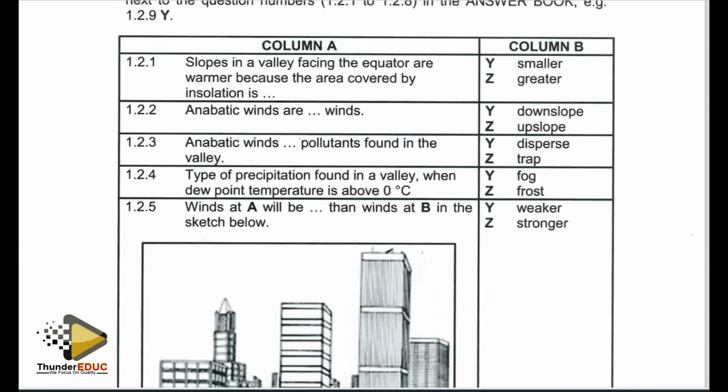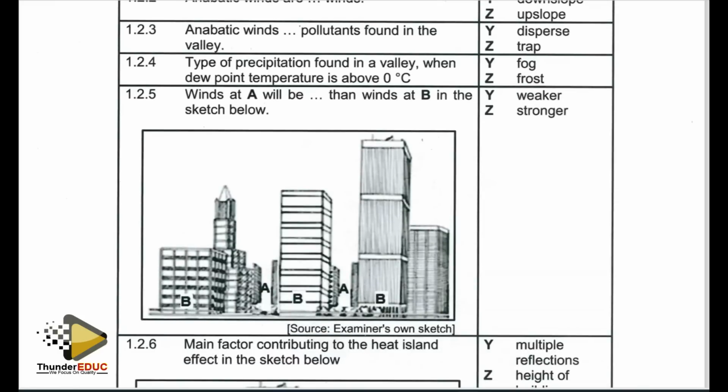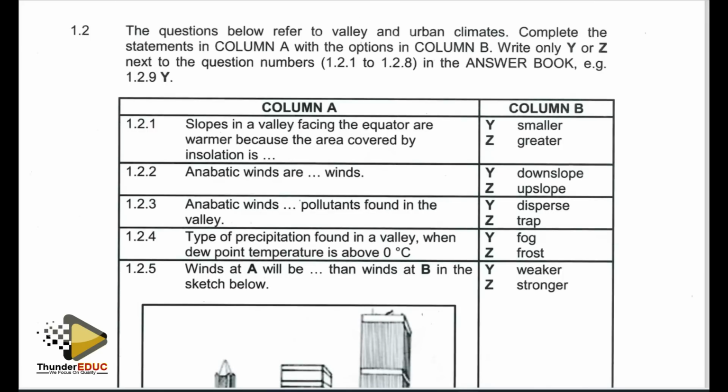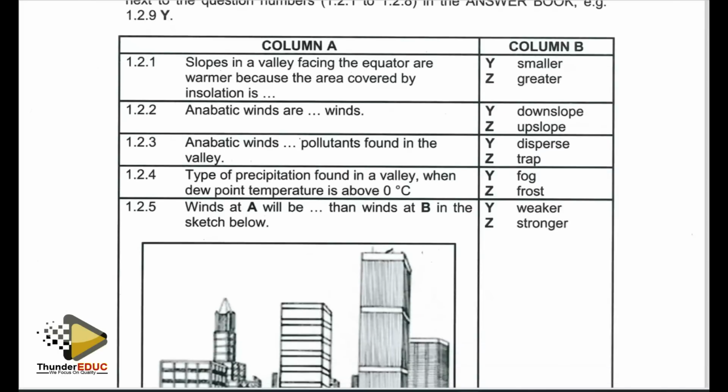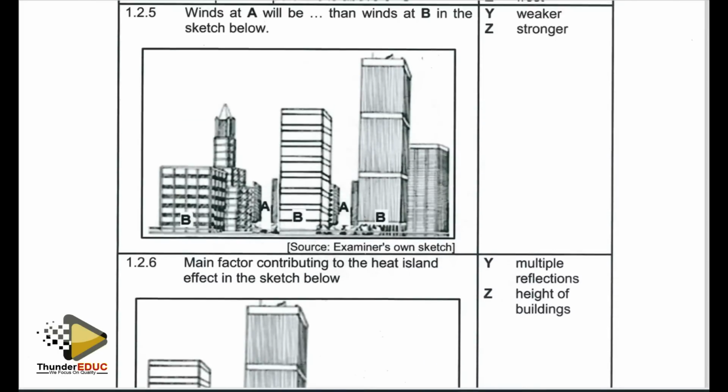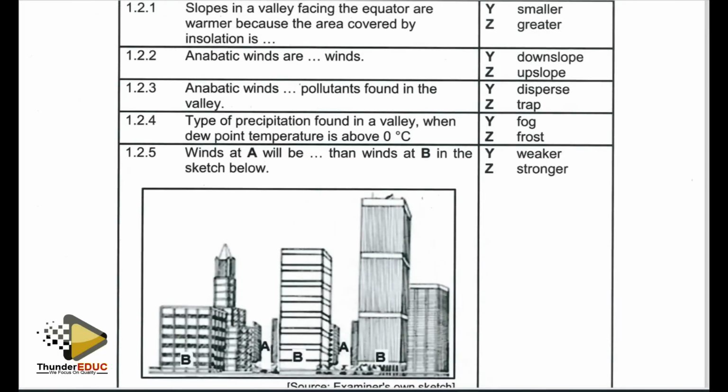Because you remember, an urban climate is a microclimate, which means it's a unique climate for a particular, smaller geographical space, which is an urban setting. So there are different factors that determine the climatic conditions that are realized in an urban settlement.